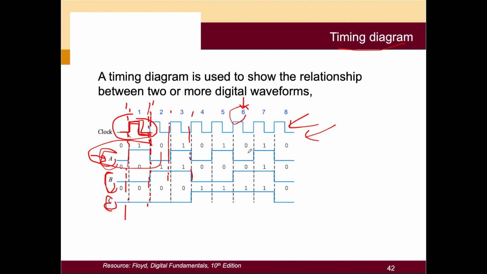You can see the value for signal A is 0, for B it is 0, and for C it is 1. A, B, C. So this is a timing correlation or relationship.